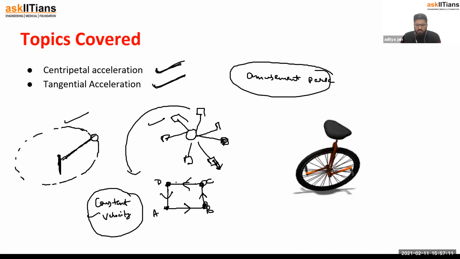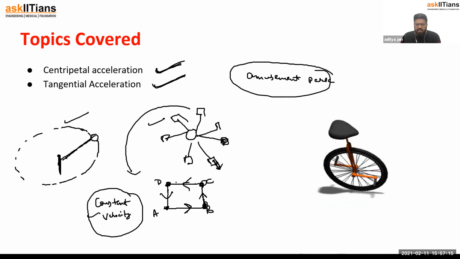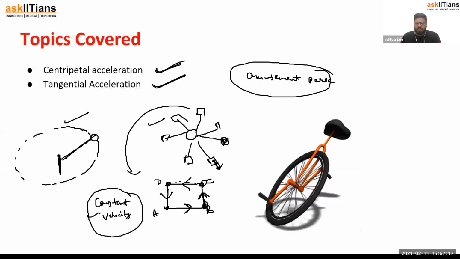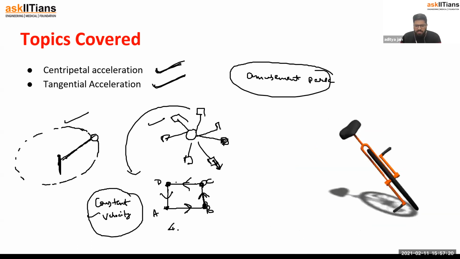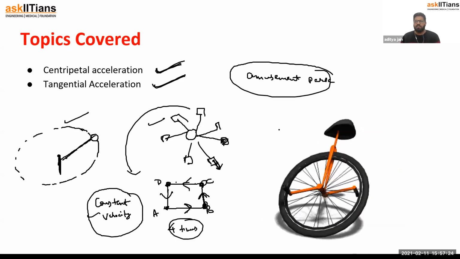If he was moving from A to B, then after reaching B, he has to suddenly change direction towards C. So during a complete rotation, he has to change direction 4 times.